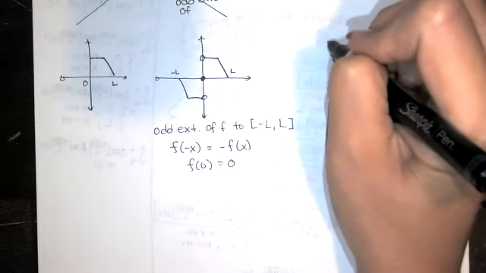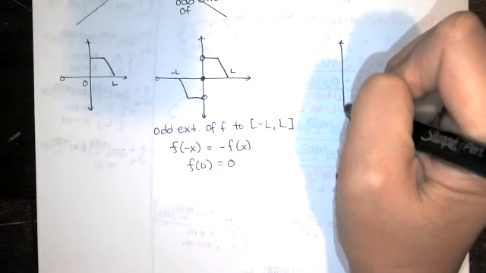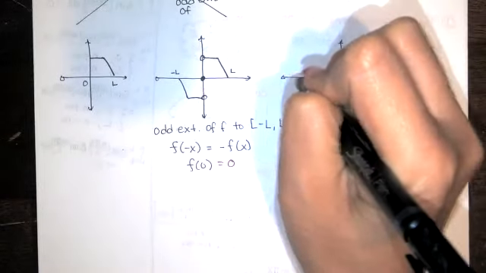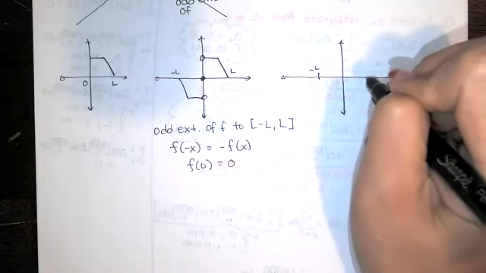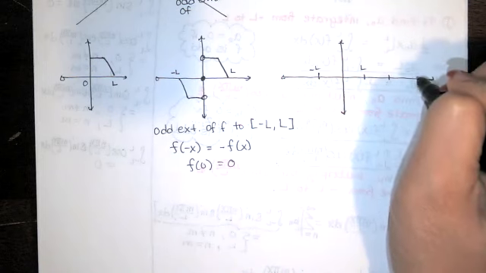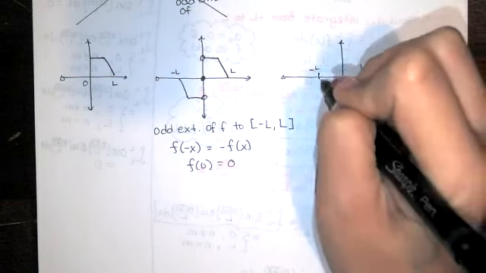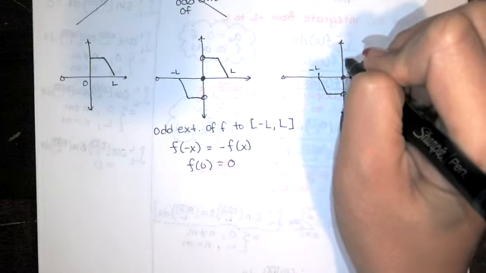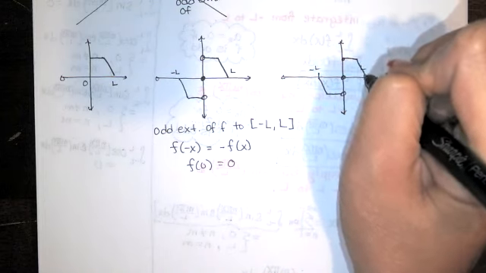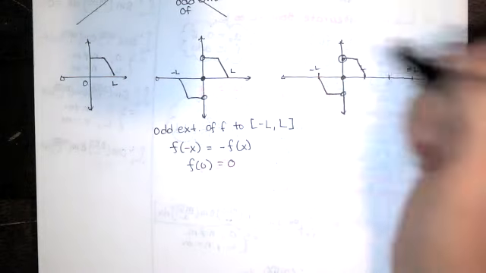Now, if I draw that multiple times, actually, you're thinking about infinitely many times. So it should be open.